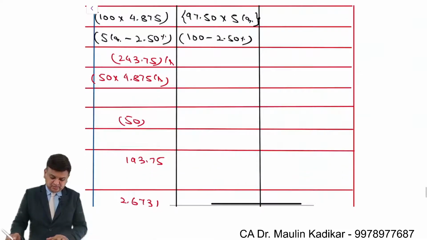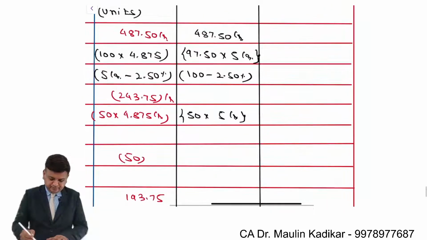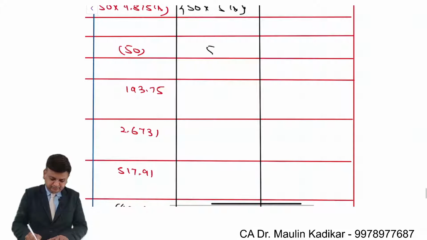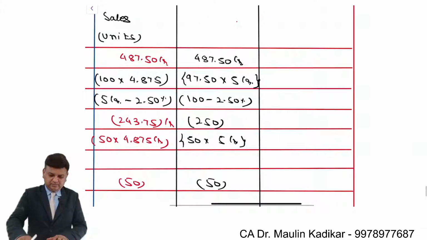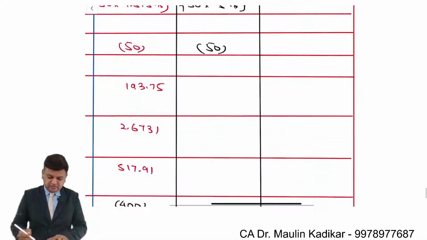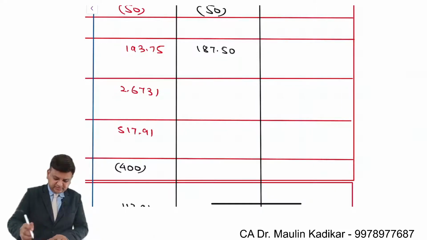Next is 50 into 5 crore, so it is 250 crore. This is 50 crore. 187.5 crore into 2.6731.